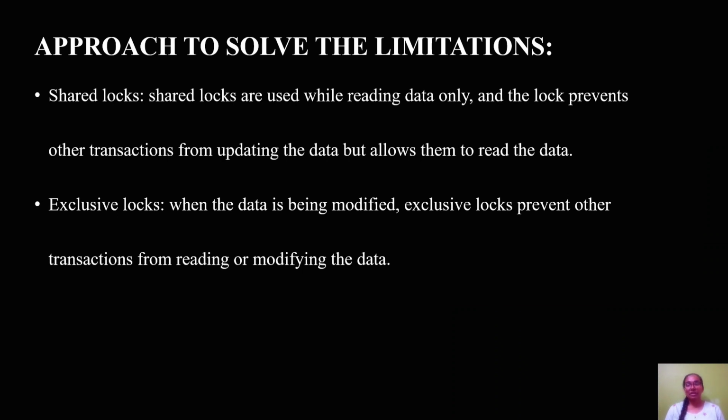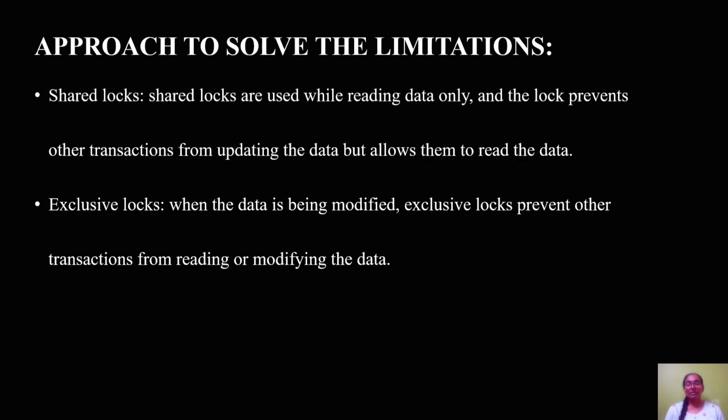So the approach to solve the limitations is that we can have a shared lock or an exclusive lock. Shared locks are used while reading data only, and the lock prevents other transactions from updating the data but allows them to read the data.